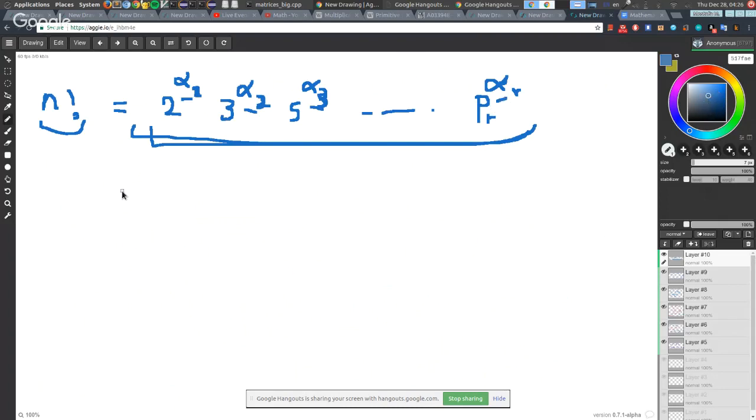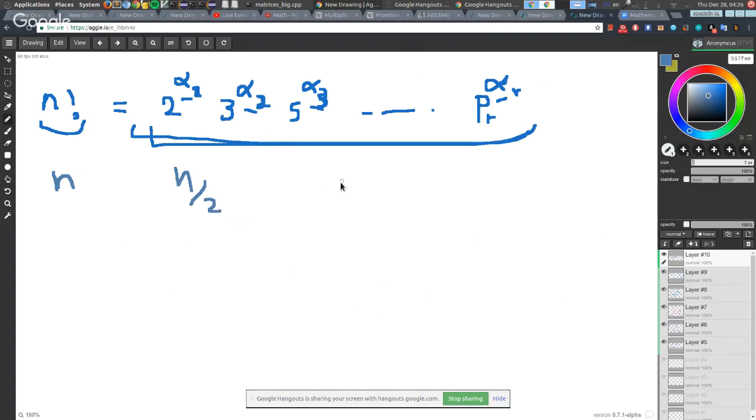The way to know this would be: if we have some number n, we'd like to count how many numbers are divisible by 2. This will be n over 2.